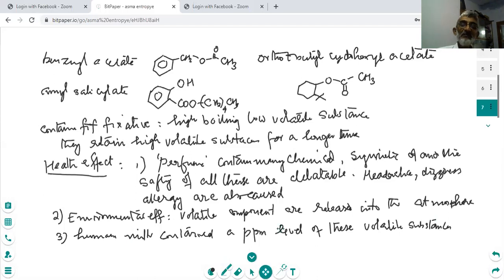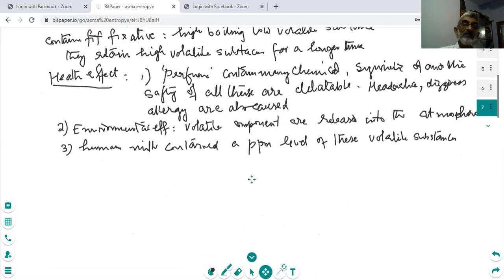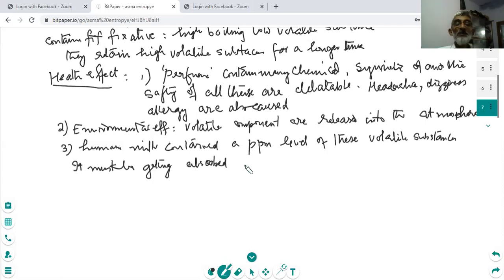Because you see, the main concern is it is absorbed through the skin. That is the main thing. So it must be getting absorbed either through lungs, or through the skin.